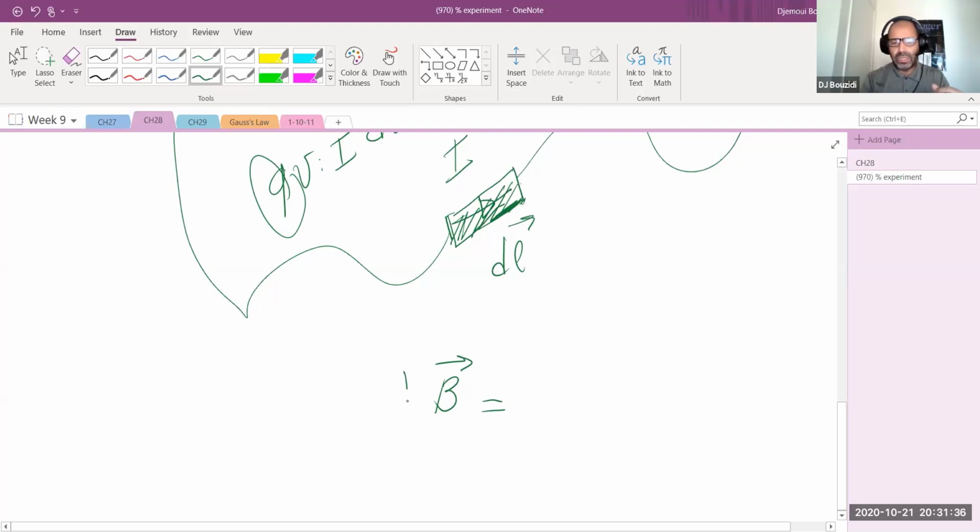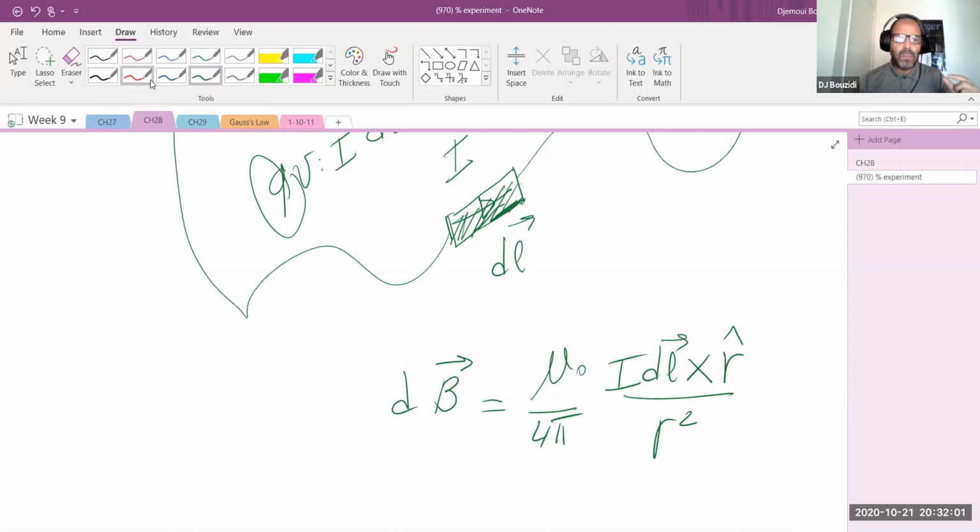And here is your direction started in. So this element of wire dl creates a small magnetic field dB, if you wish, given by mu naught over 4 pi times I dl cross product with r hat divided by r squared at a distance r from this vector.